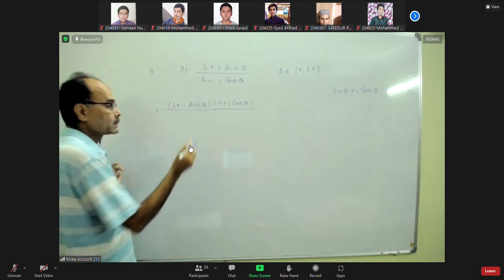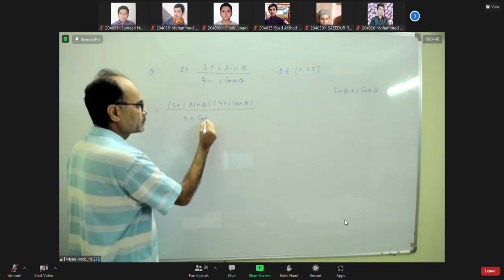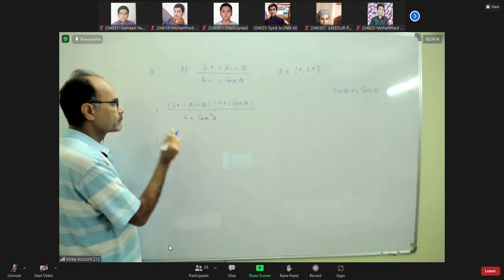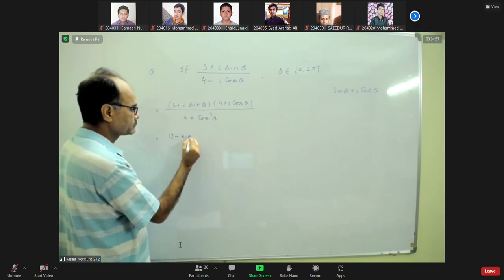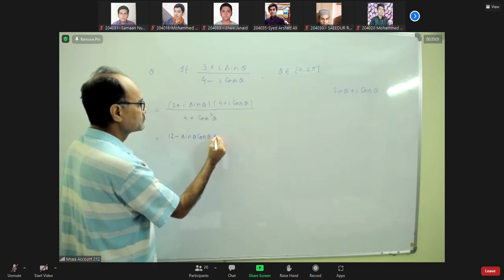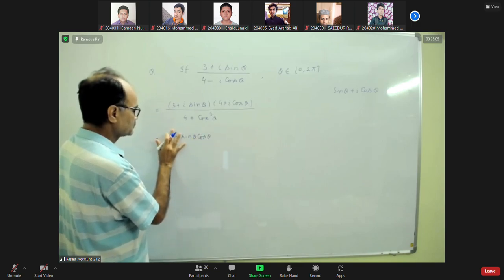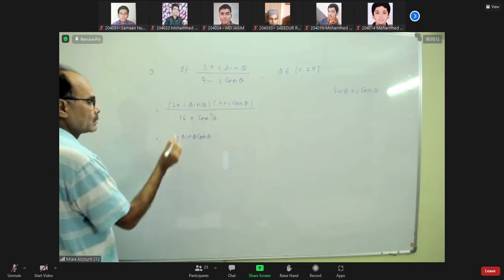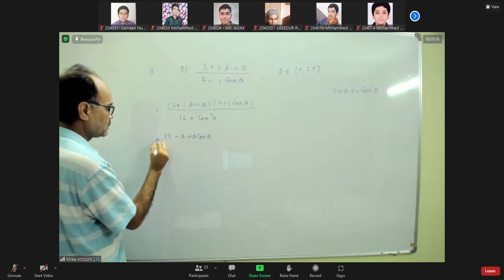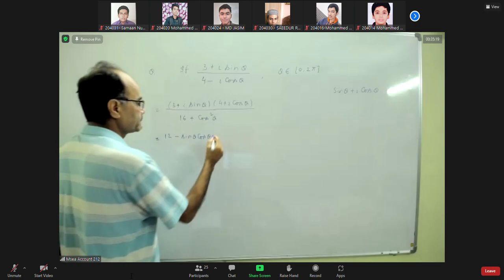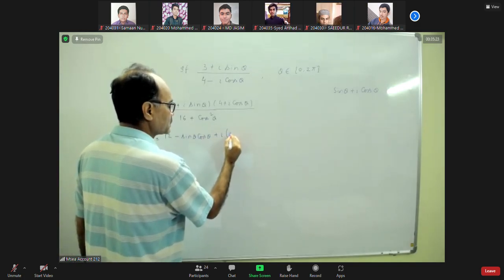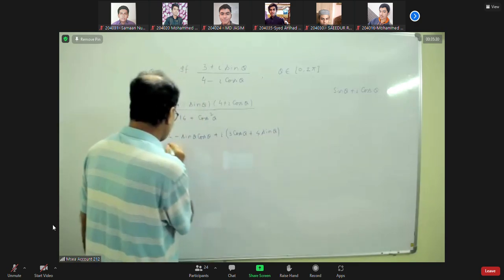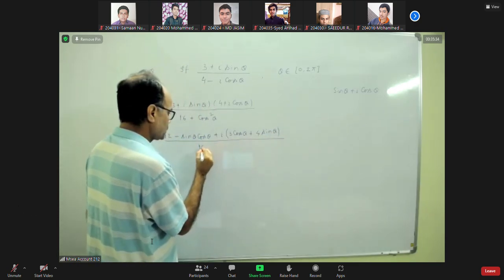The denominator: 4 squared plus cos squared theta, 16 plus cos squared theta. Correct. The numerator: 12 minus sin theta cos theta plus i times 3 cos theta plus 4 sin theta, by 16 plus cos squared theta.